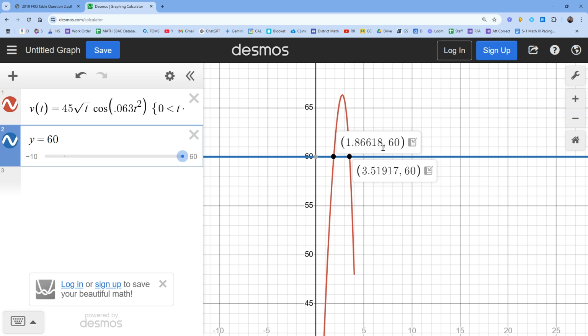So that would be from 1.866 to 3.519. I'll show you what I'm writing down right now. So it's 1.866 to 3.519. So this is what I'm writing down.